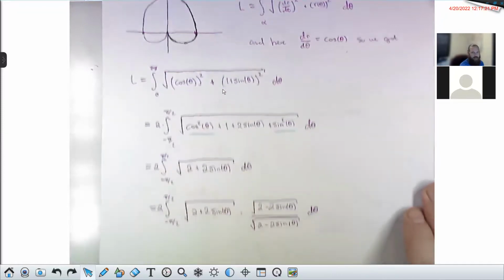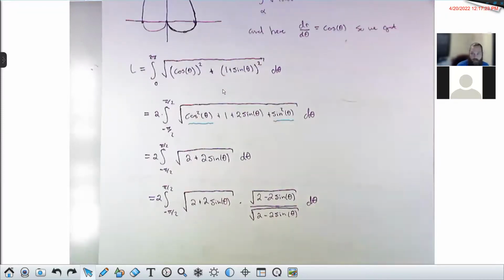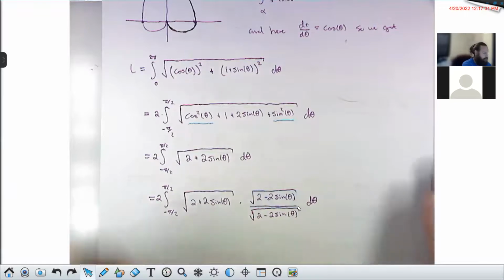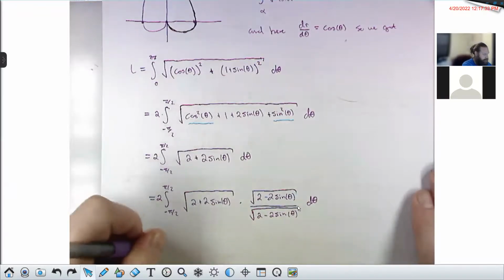This is a sneaky trick, and this is harder than something I would put on a test, right? Because the integration step here requires some real creativity. But now the numerators you can combine into a single radical.